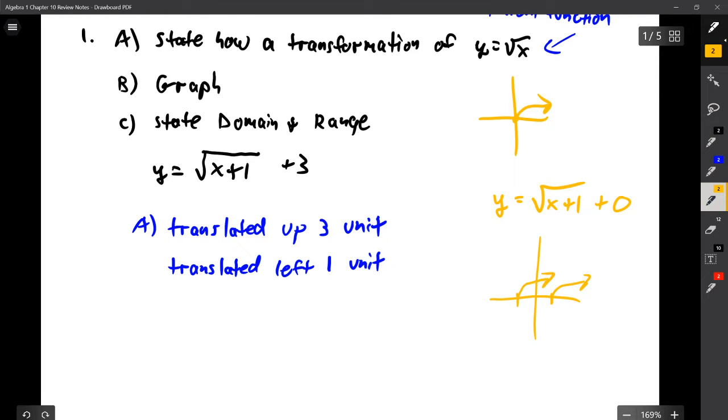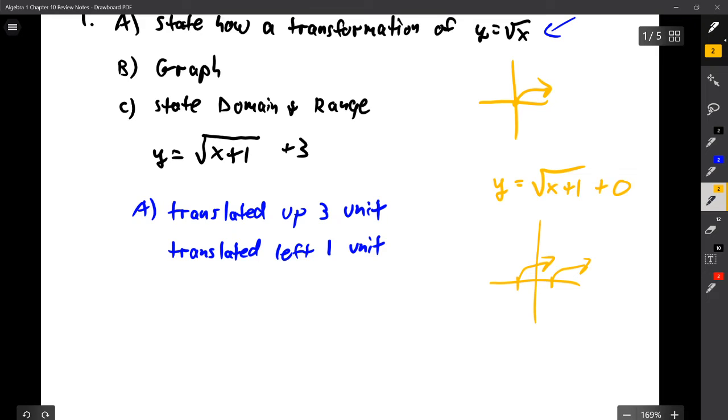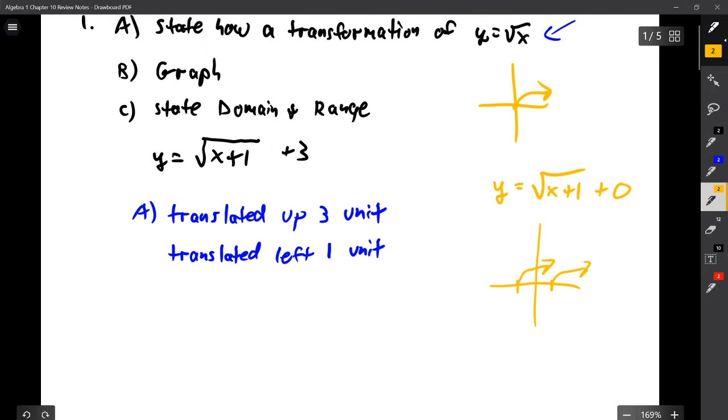Now, y will be 0 when we have the square root of 0. And what x value will give us 0 here, but a negative 1? So it's when x is negative 1 that we will get the point -1, comma 0.